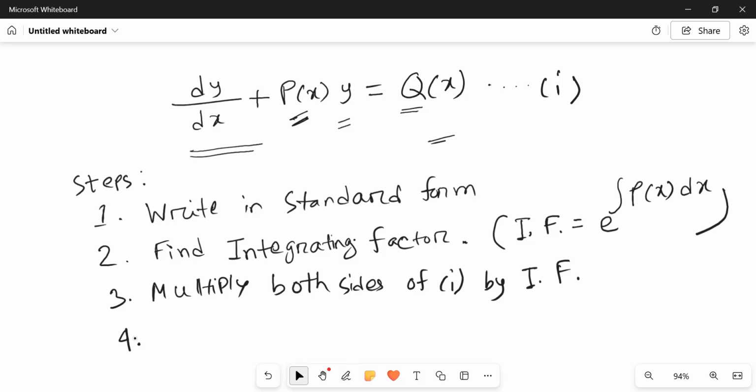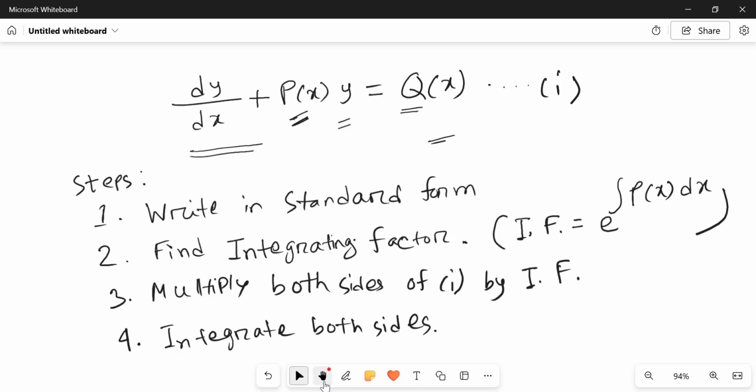And the last step is we have to integrate both sides, then we will get the solution. So our fourth step is integrate both sides.